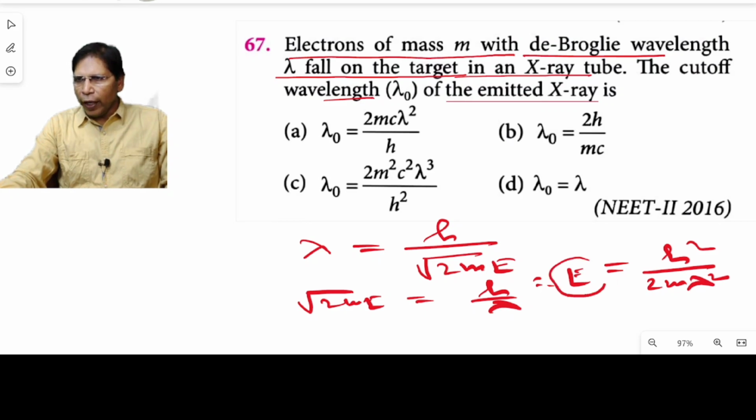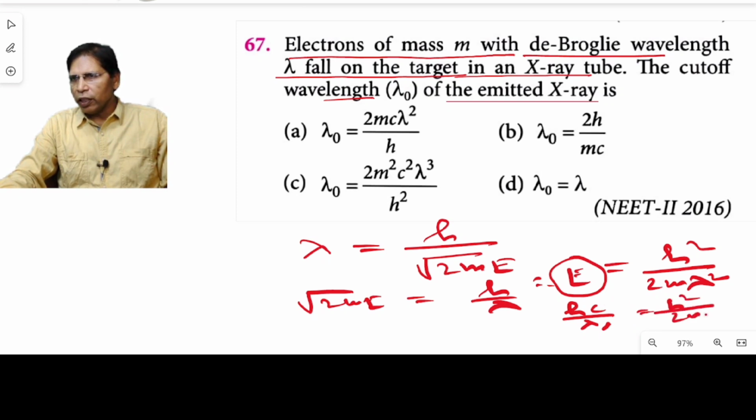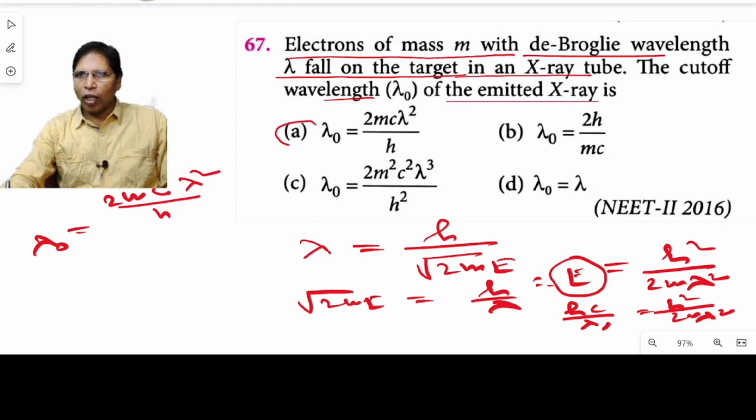If the whole energy of the electron is converted into X-ray, then it is hc by lambda naught. From this equation, lambda naught equals 2mc lambda square by h. Option A is correct.